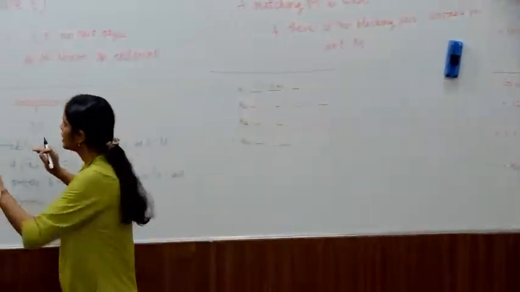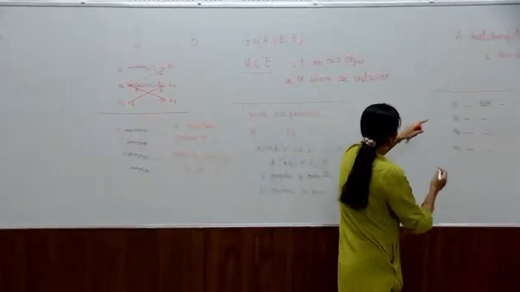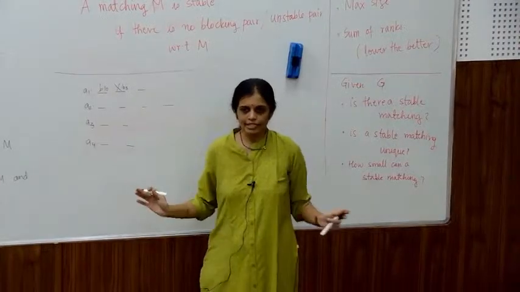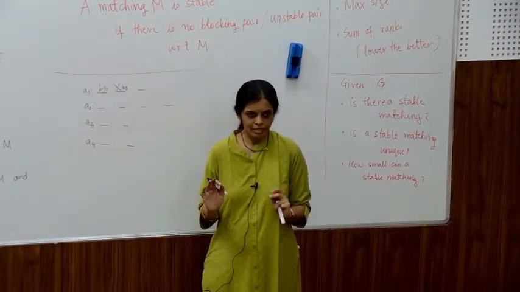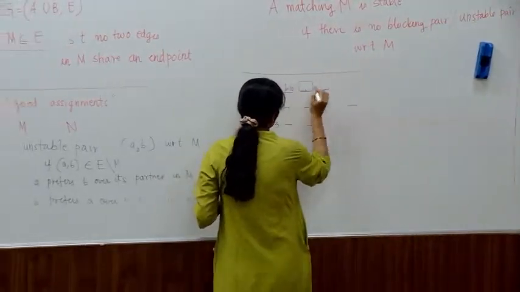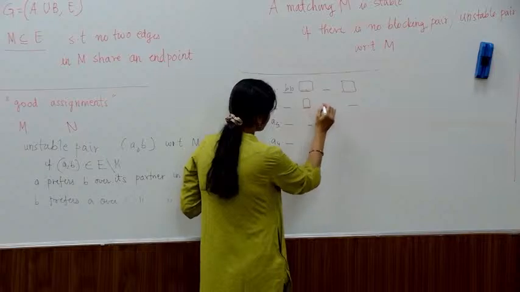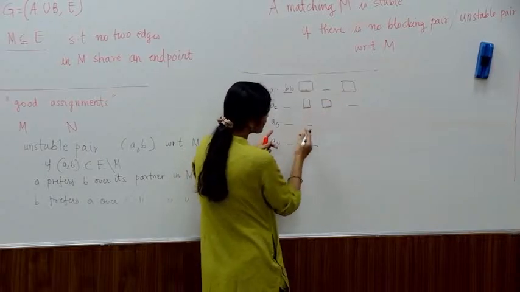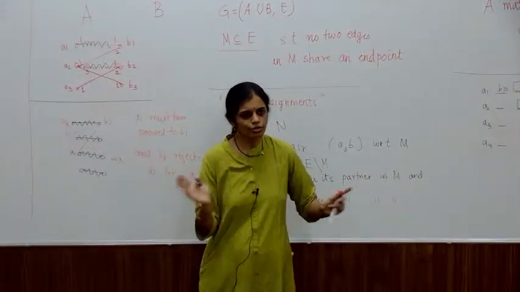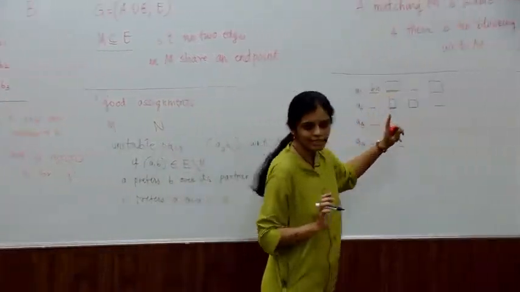For example, B1 in A1's preference list will be marked like this. Similarly, if this was B10 and I have not marked it, that means A1 cannot get assigned to B10 in any stable matching of the instance. So I keep marking this. Some vertices may not have any square in them, like this vertex A3, because there is no stable matching that matches it. It remains unmatched. So these squares, is it clear?